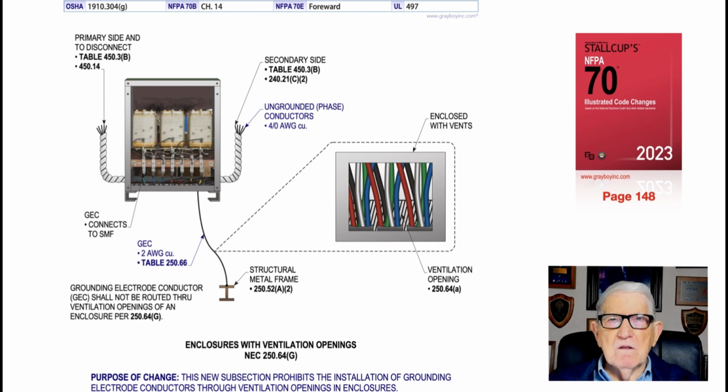The vents, top and bottom, basically pull in cool air, and the cooler air takes the heat away from the windings through another vented opening. And that is basically what this rule is all about, is just don't cover up the vents so the transformer could overheat due to the loading of the facility that it serves. And that's what this illustration is illustrating.